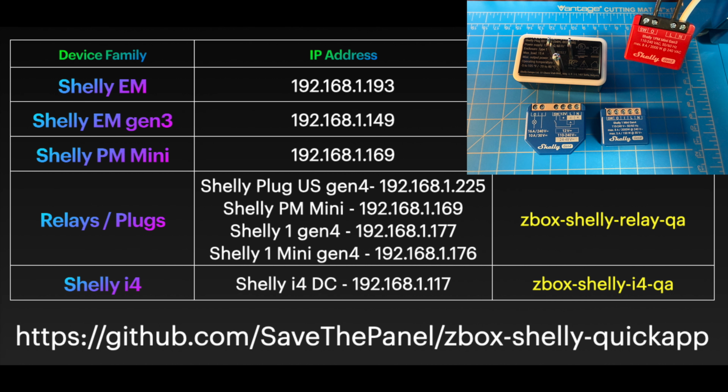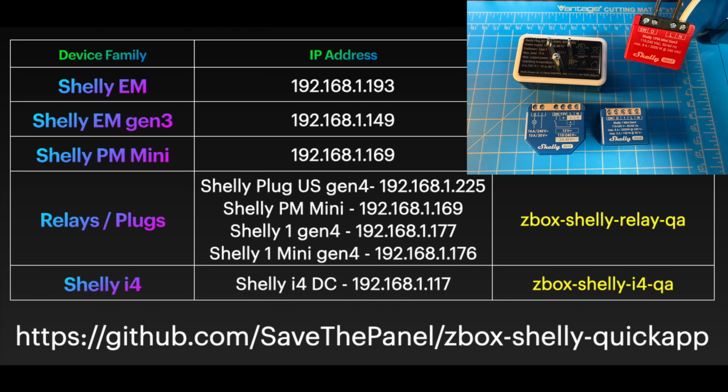And then we have a relays/plugs device family, which includes anything that acts like a relay, including the Shelly plug, the PM Mini, the 1 Mini Gen 4, the 1 Gen 4, that's the one that's larger form factor that can do DC also.